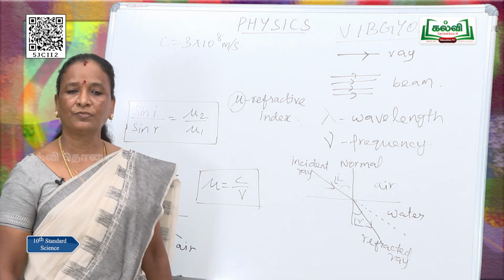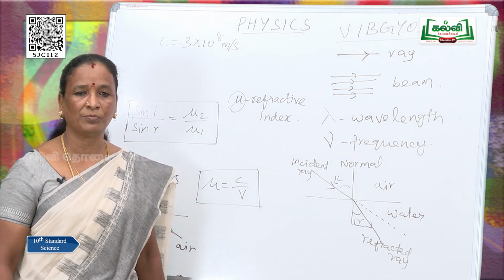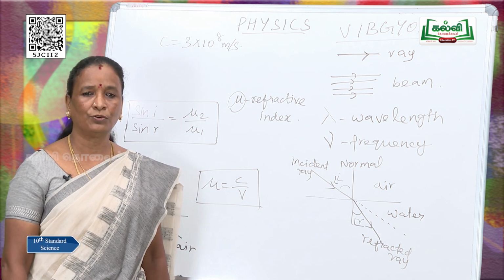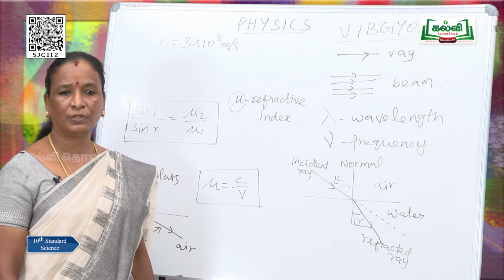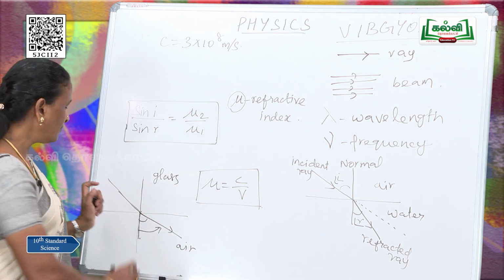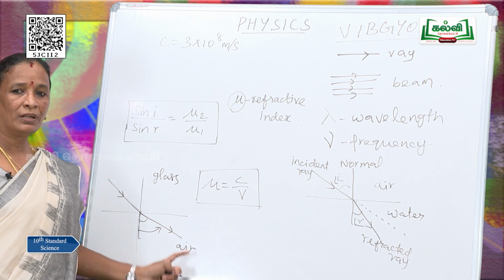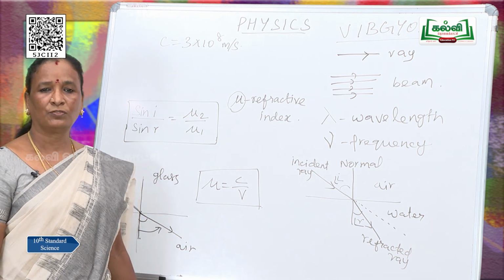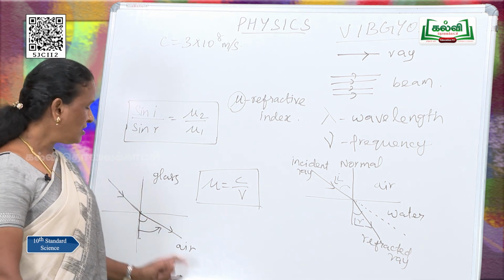So, when light travels from a rarer medium into a denser medium, the refracted ray is bent towards the normal drawn to the interface. When light travels from denser medium to rarer medium, the refracted ray is bent away from the normal drawn at the interface.